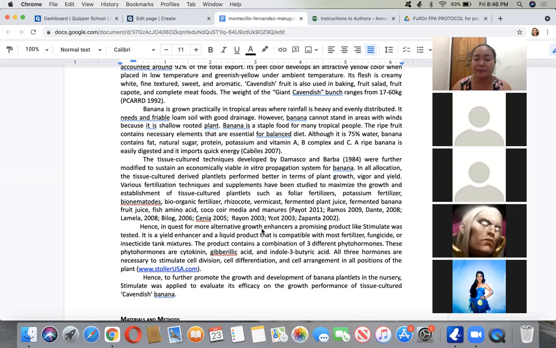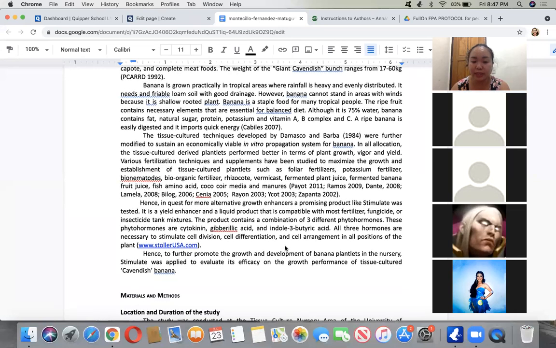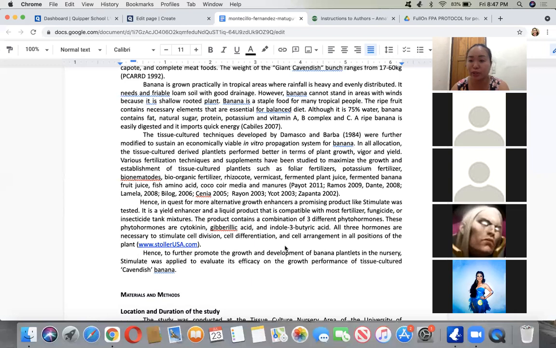So, in search of more alternative growth enhancers, you are using this product. And what is this product? Since this is not tested for tissue culture Cavendish banana plantlet. By the way, when you use tissue culture, it's not called seedlings but plantlet, okay?